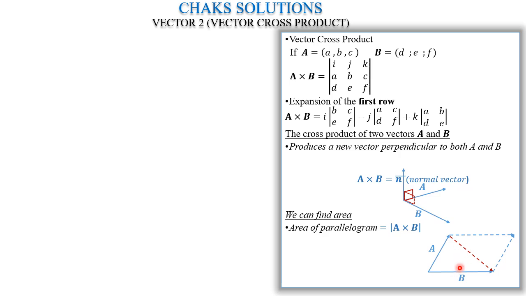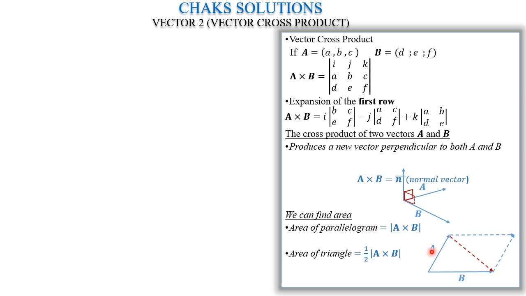To find the area of this triangle, it is going to be half of the area of the parallelogram here. So it's half the modulus of the cross product of a and b here. So that's how you find the area of the triangle.